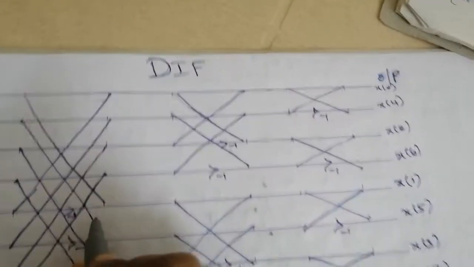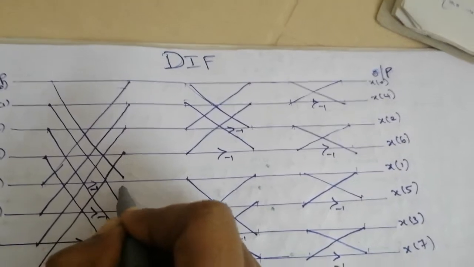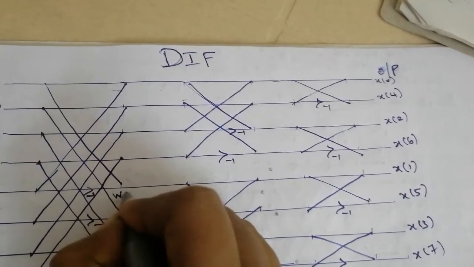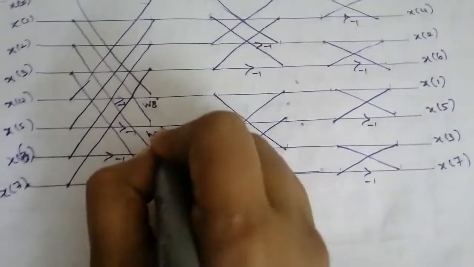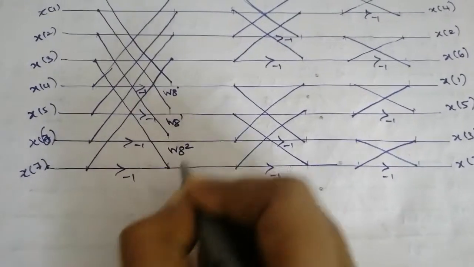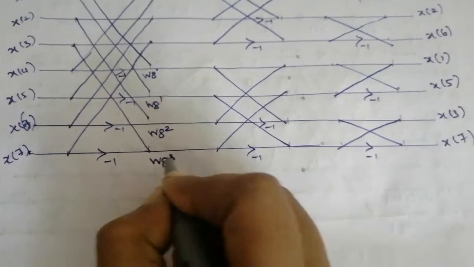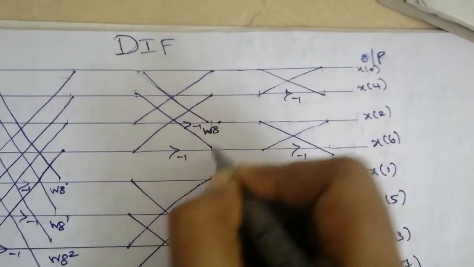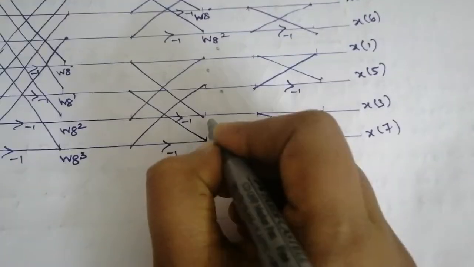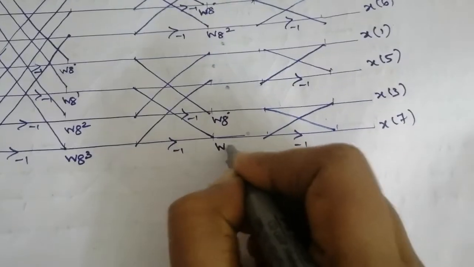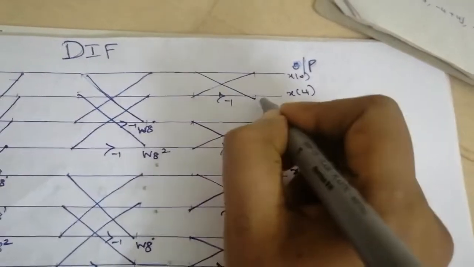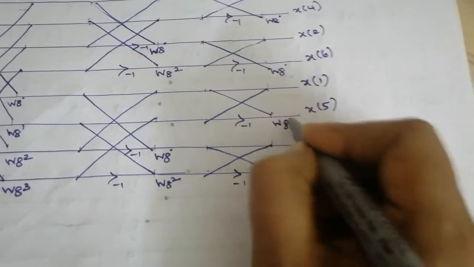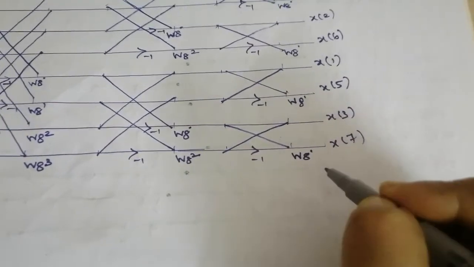For the first stage with 8 lines we are going to multiply 4 twiddle factors, W8 power 0, W8 power 1, 2, 3. Okay, so the same W8 power 0, W8 power 1, W8 power 2, W8 power 3. For the second stage, W8 power 0, W8 power 2. So here W8 power 0, W8 power 2. For the third stage, W8 power 0, W8 power 0, W8 power 0, W8 power 0, right?